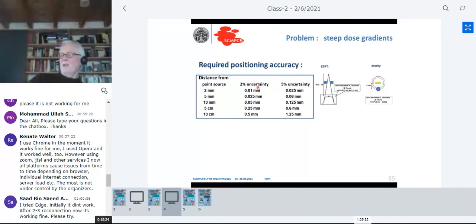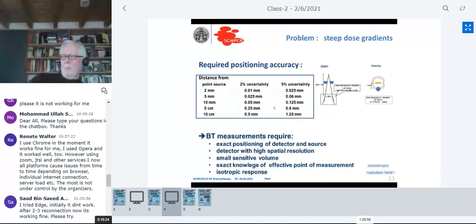This is simply inverse square law. At 5 millimeter distance, it's 0.025 millimeters. At a centimeter, it's still 5/100ths of a millimeter that you need to position both source and detector. So this is something that's very difficult to do.